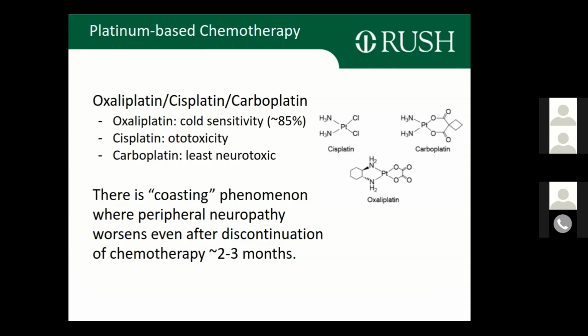So oxaliplatin is known for its acute neurotoxicity, so the cold sensitivity, and that can happen in up to 85% of patients depending on the dose. Typical symptoms would include discomfort swallowing cold items. So they do ask the patient to avoid drinking cold things on the day of the infusion and a few days after getting the oxaliplatin.